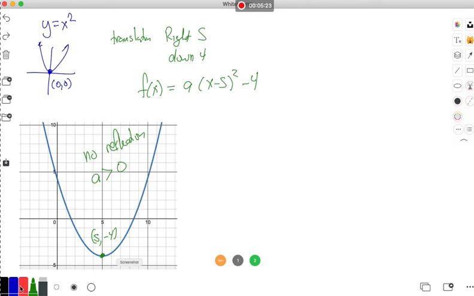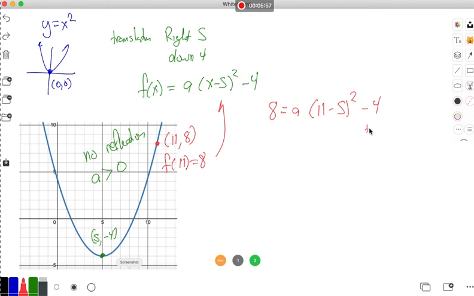So we'll again pick a point that looks reasonable. So I'm going to take this one here. This would be the point 11, 8. Or I can say f of 11 equals 8. So we plug this in. 8 equals A times 11 minus 5 squared minus 4.